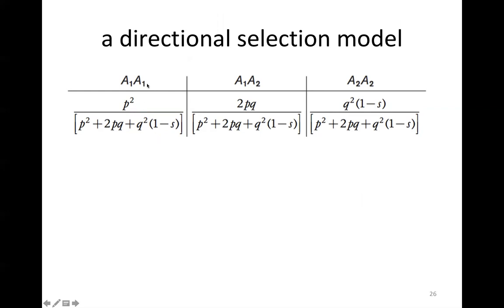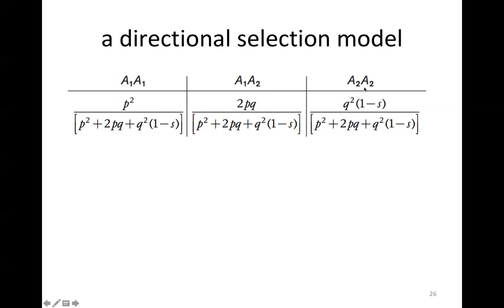So the frequency of the A1 homozygous genotype is P squared. Nobody has died here, but its relative frequency has increased because the total number of individuals in the population is now P squared plus 2PQ plus Q squared times 1 minus S, because these guys have decreased. So this is the frequency of the A1A1 individuals. This is the frequency of the A1A2 individuals.